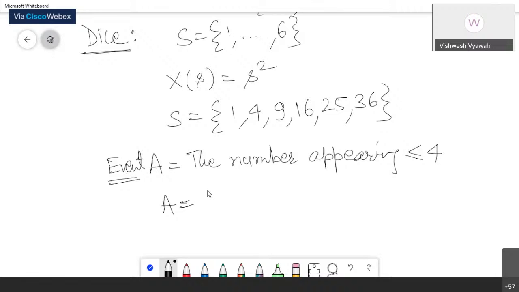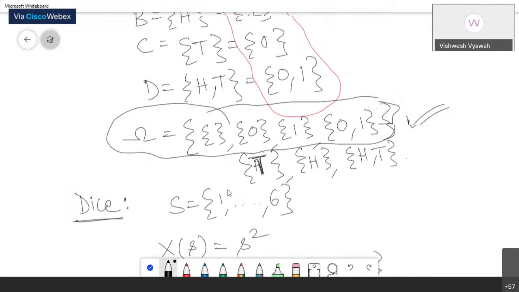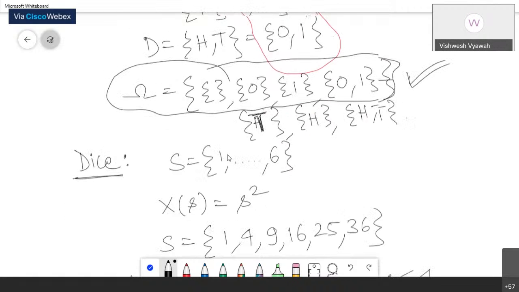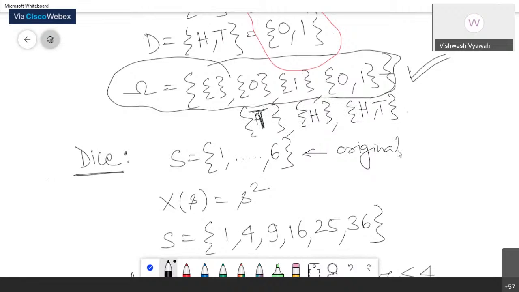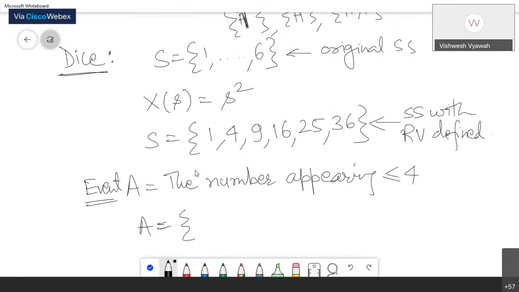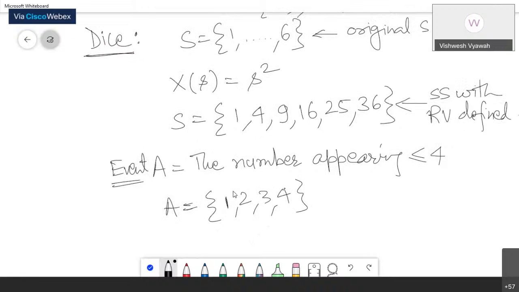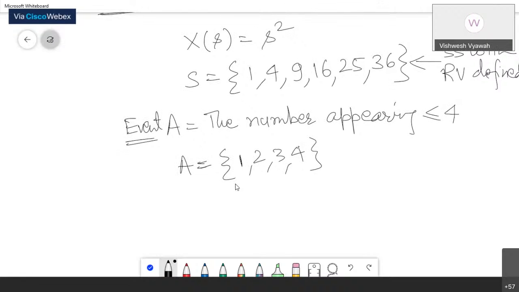With the original sample space, this is my original sample space. This is the sample space S with the random variable defined. In case of the original sample space, this event will have outcomes 1, 2, 3, 4. Do you agree? Fine.